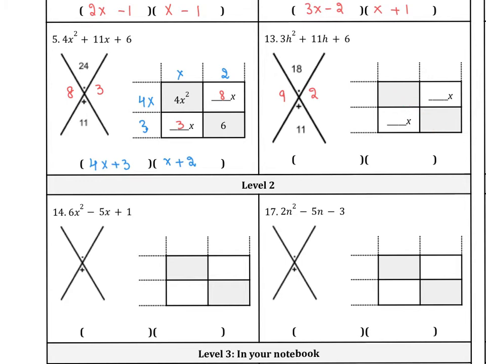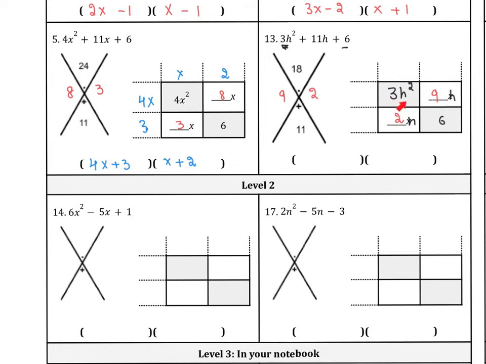These two places should be filled with the first number and the last number, so 3h squared and 6. I'm just going to use h here. And these two places are filled with 9 and 2.